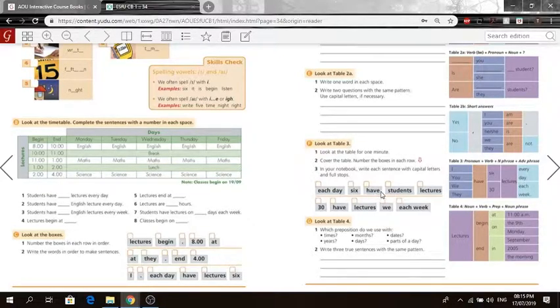Students have, so students will be number 1. Students have will be number 2. 6 will be number 3. Lectures is number 4, each day will be 5. Okay, so students have 6 lectures each day.